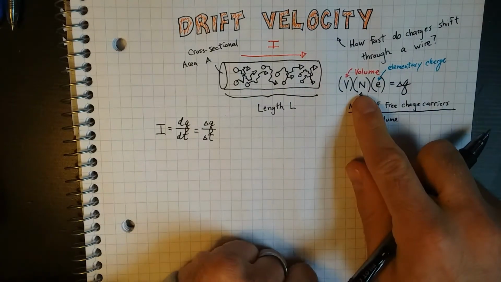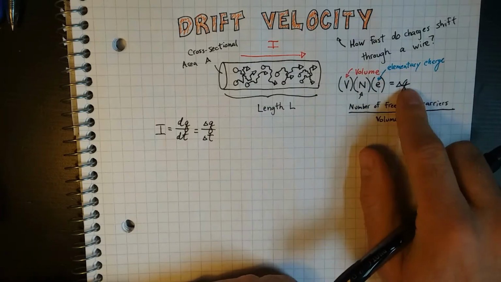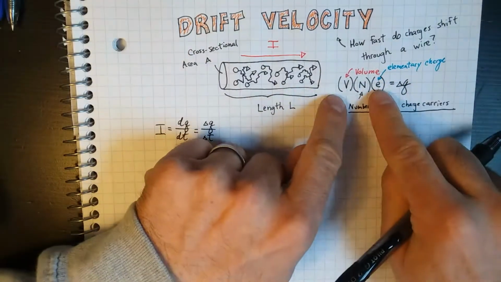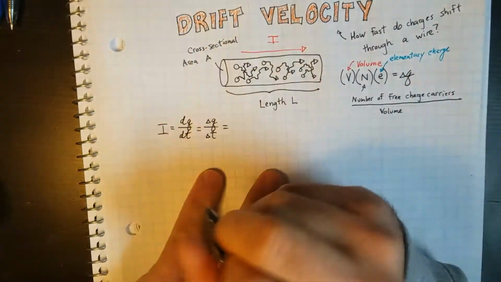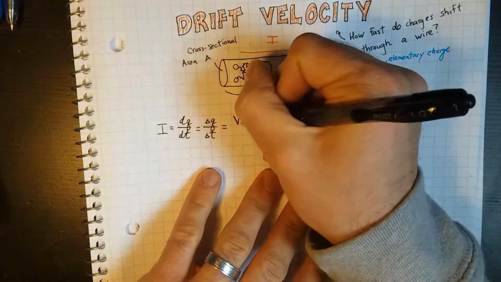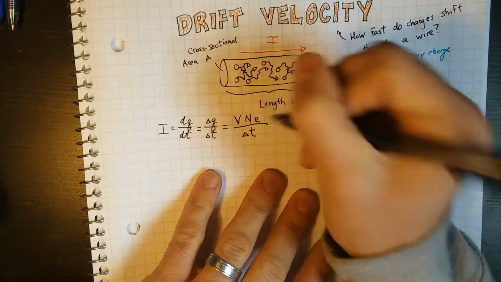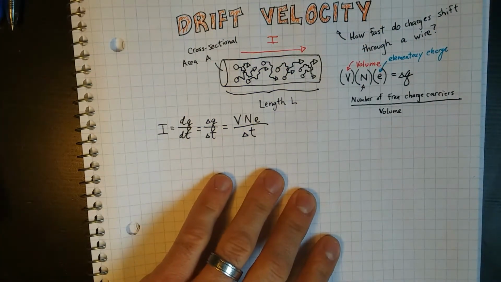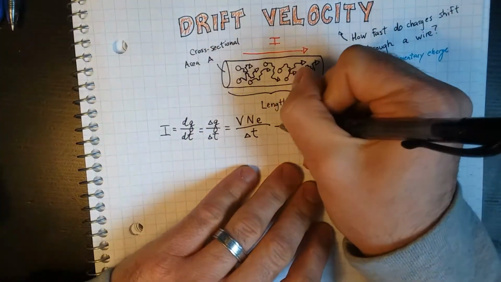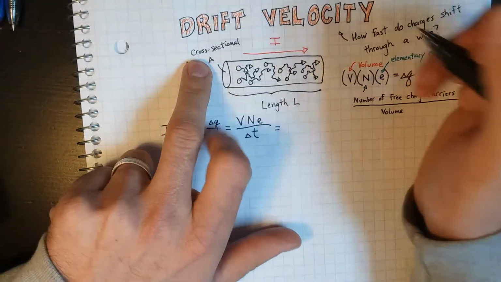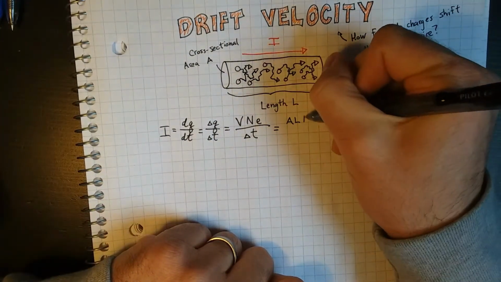This is just a density, that is a volume, and that's charge, because we're talking about an actual charge. So microscopically, that's what makes up this delta Q that's flowing to the right. If I plug that in here, V times N times E, all over delta T. There's a few things. One thing I want to do is mess around with this V. Instead of a volume, I want to talk about the cross-sectional area multiplied by the length.